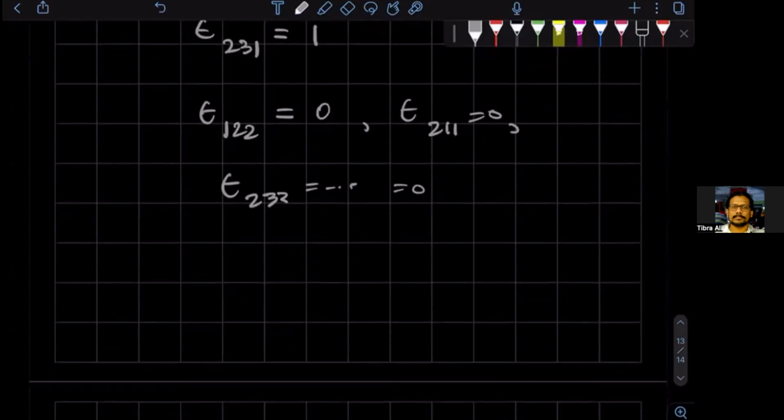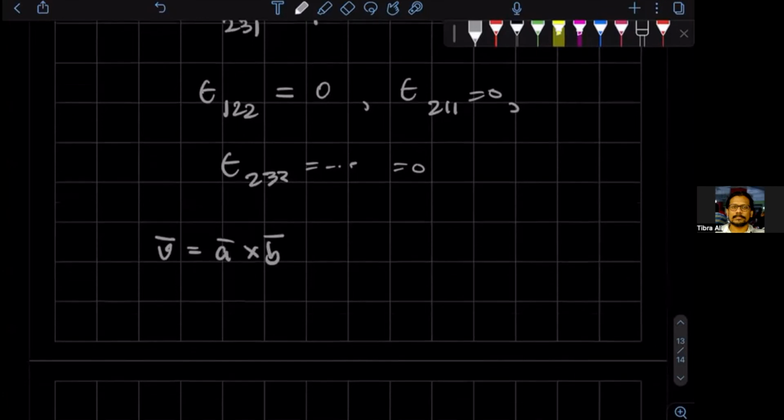So if you have, say, V equals some vector A cross B, then the kth component of V is essentially given by epsilon ijk a_i b_j, okay? And there's a summation over i and j implied.